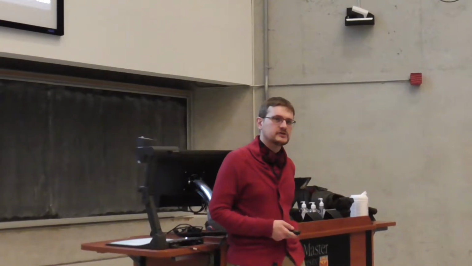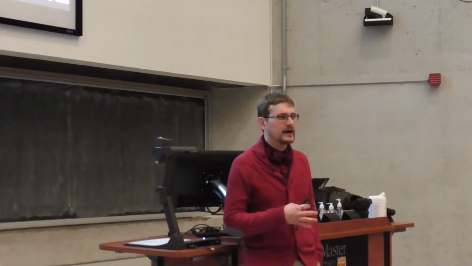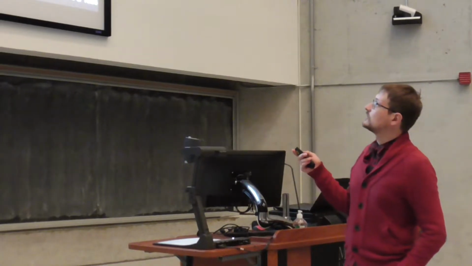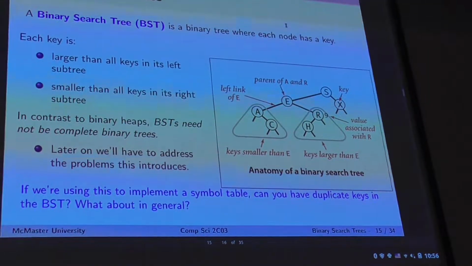In general, though, certainly a binary search tree can be created which contains duplicate elements if we're not concerned about it mapping to a symbol table. Normally, you make an arbitrary selection as to whether you place equal nodes in the left or the right branch.